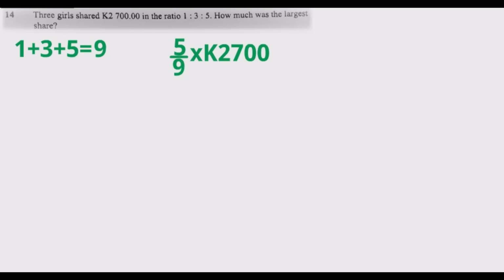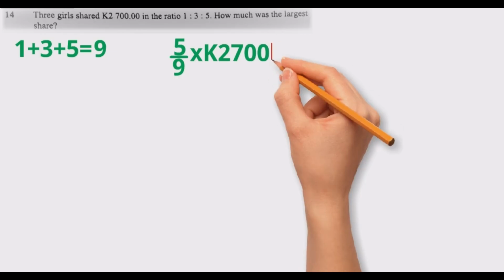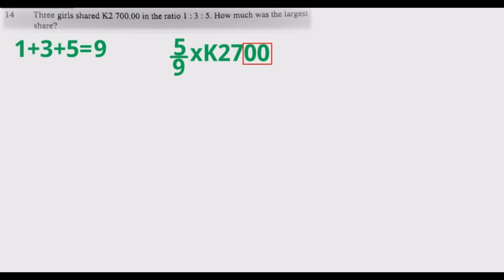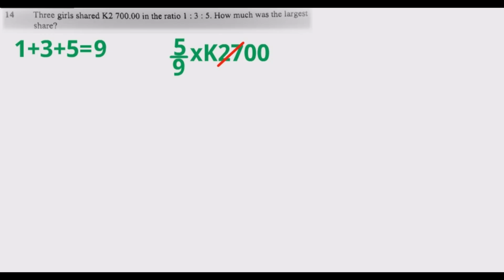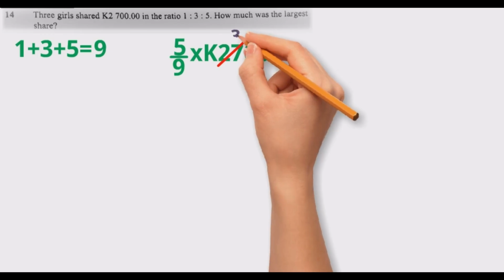Okay, so now we're going to simplify, or get rid of the fraction. That means we need to get rid of 9. Can 9 go into 5? No. Can 9 go into 2,700? Yes. First, we are going to ignore the zeros from 2,700. So 9 into 27 will give us 3.